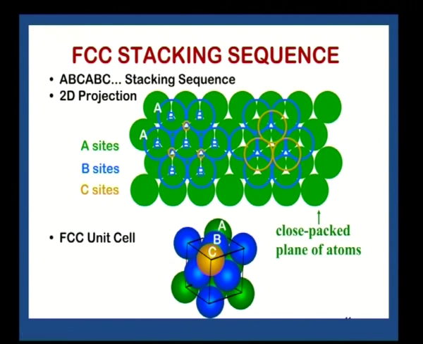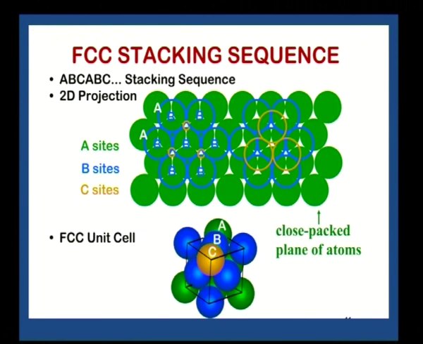So the A layer is the bottommost, then the second layer is B. The third layer will be different from the second layer, the arrangement of your balls will be different from that of the second, and again different from that of the first one.